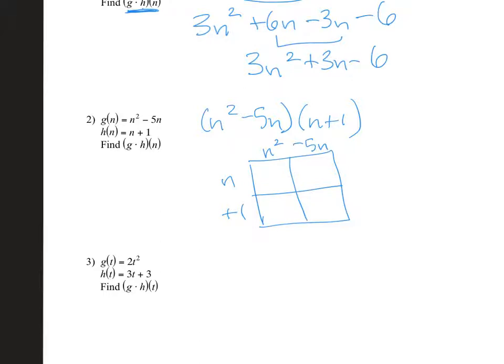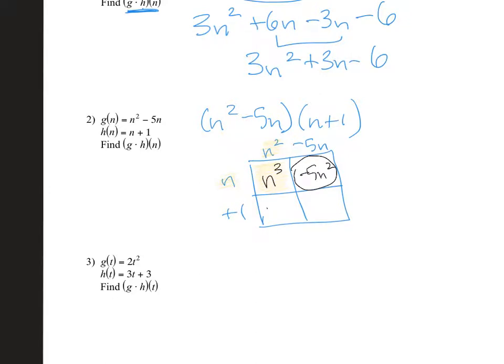So for this one, this particular box, sorry, that should be a highlighter. I'm still learning this program. All right. If I want to fill in this particular box right here, I have to multiply n squared times n. So let me actually do that. That is n cubed. So then for this next box right here, I have to multiply negative 5n times n.